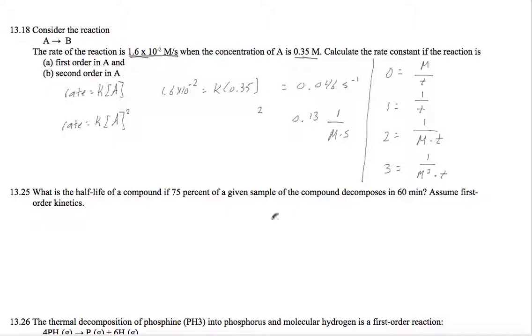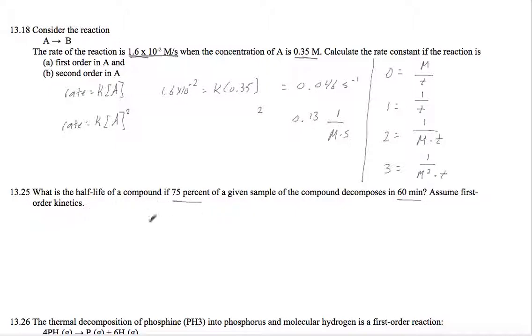All right. What is the half-life of the compound if 75% of the sample decomposes in 60 minutes? Assume first-order kinetics. And there's like 3 different ways to do this problem. The way I like to do it, though, or the one I like best, is just using the half-life equation.